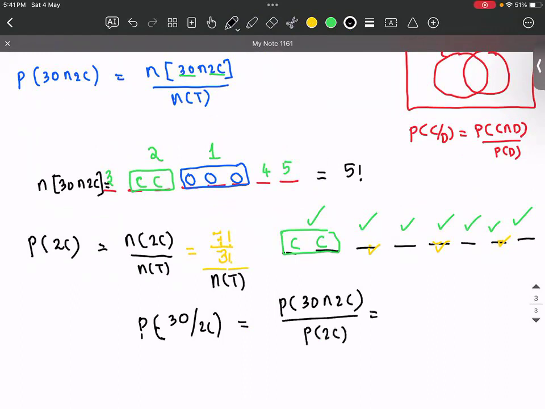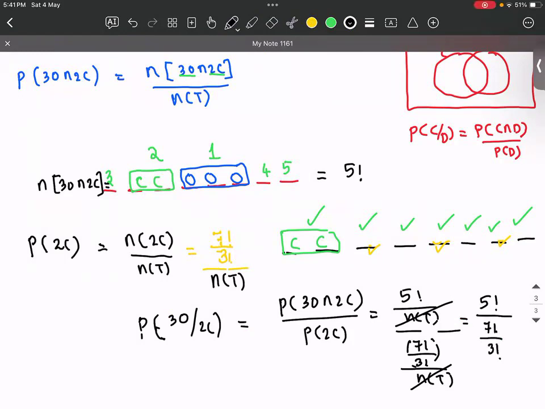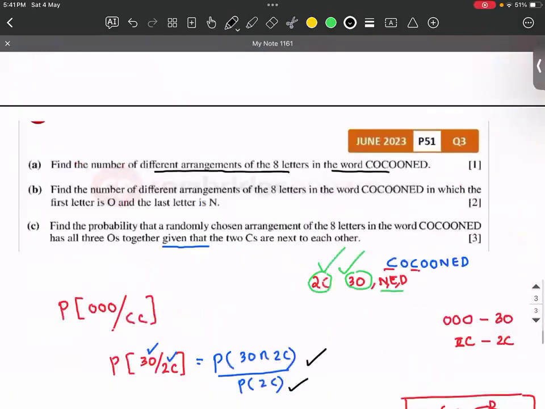That is 5 factorial divided by the total number of arrangements, divided by 7 factorial by 3 factorial divided by the total number of arrangements. So this gets cancelled, and we are getting 5 factorial by 7 factorial by 3 factorial. If you simplify, we get 1/7. Hope this explanation served the purpose for this C part.